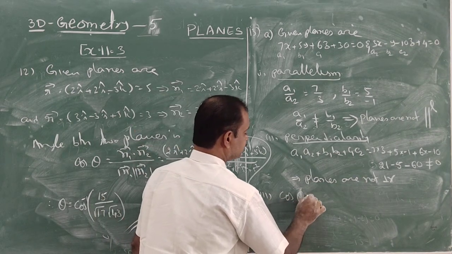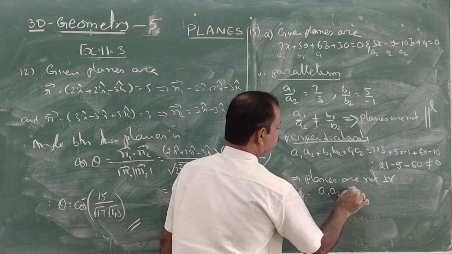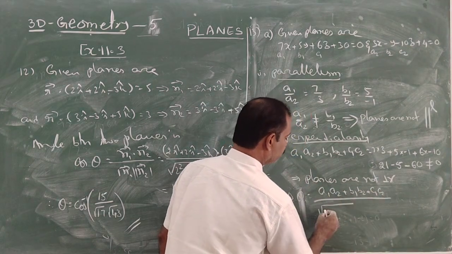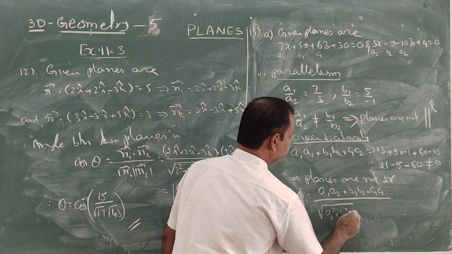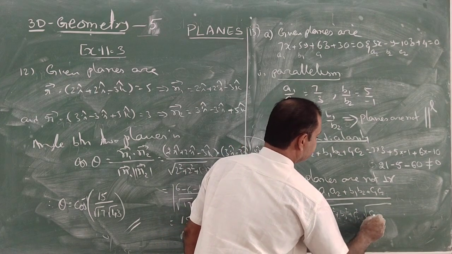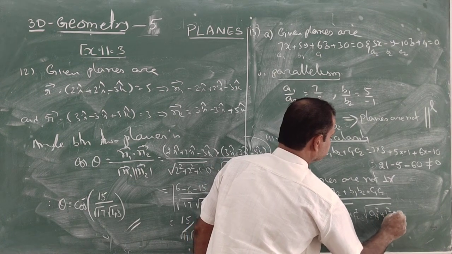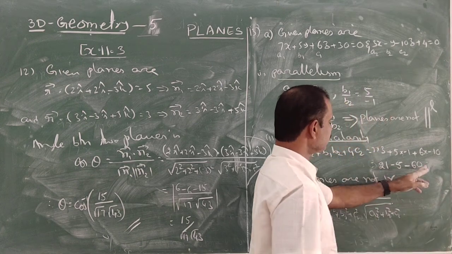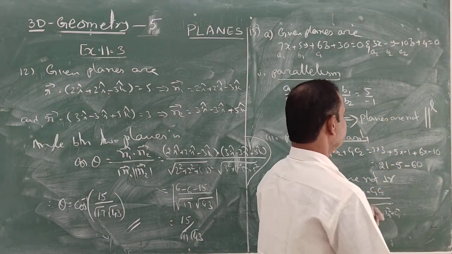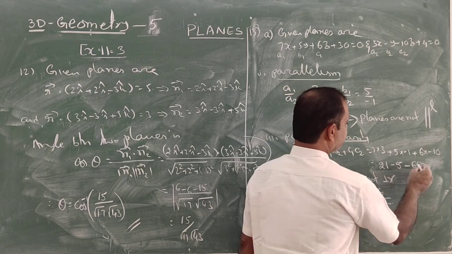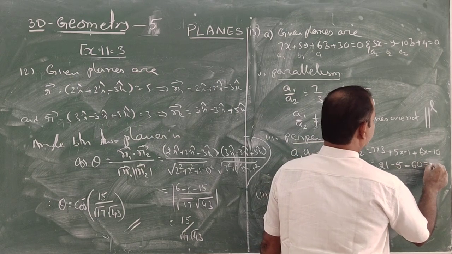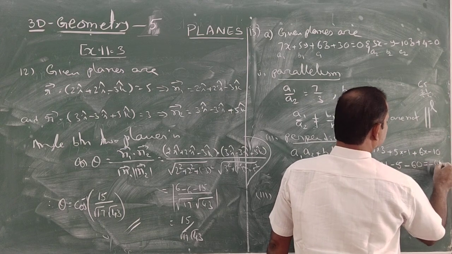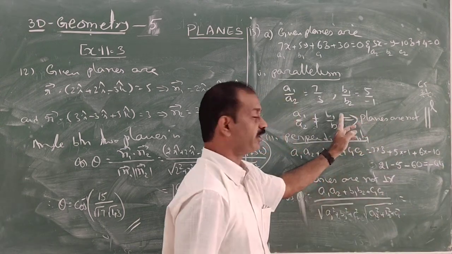That is, cos theta is equal to A1 A2 plus B1 B2 plus C1 C2 by under root A1 square plus B1 square plus C1 square into A2 square plus B2 square plus C2 square. So this value you can find out. Minus 65 plus 21 is equal to minus 44. So you can write directly, no need of finding once again.